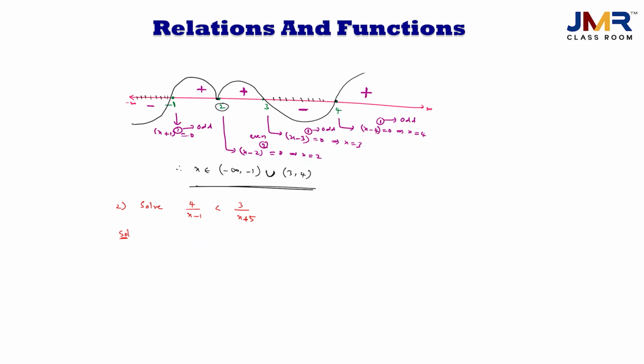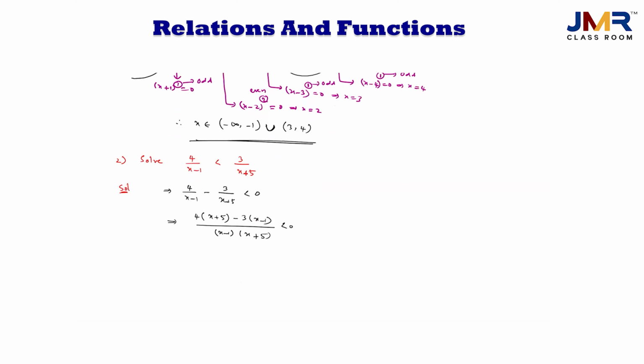Then to solve this inequation, you have to bring 3 by x plus 5 to the left side. Then 4 by x minus 1 minus 3 by x plus 5 less than 0. Now take the LCM. This is x minus 1 into x plus 5. Then 4 into x plus 5 minus 3 into x minus 1 less than 0.